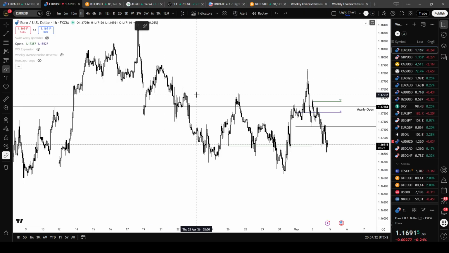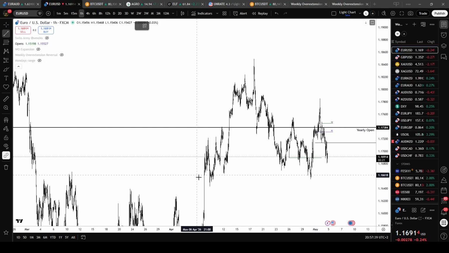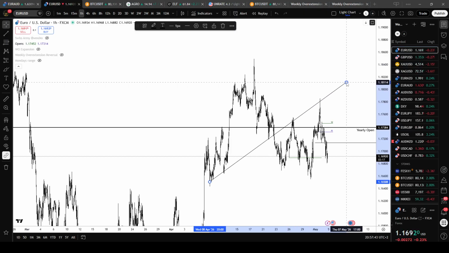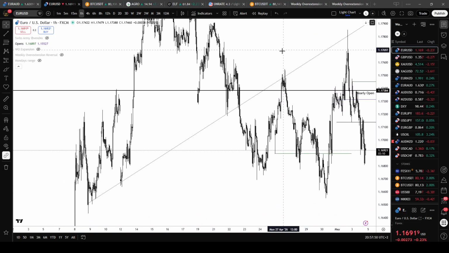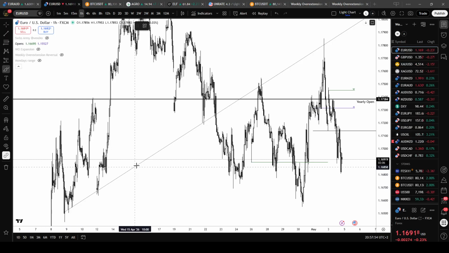So once price trades here, something comes to my mind. I'm like, okay, we could draw this trend line here. Isn't it beautiful? Just basically linking these lows, this low here, and then you have this big rejection at the trend line.